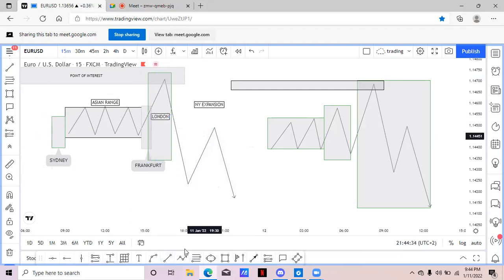Okay, guys, let's say the London session does what? The London session manipulates the Asian session to the upside, taps into our point of interest, and then shoots down.